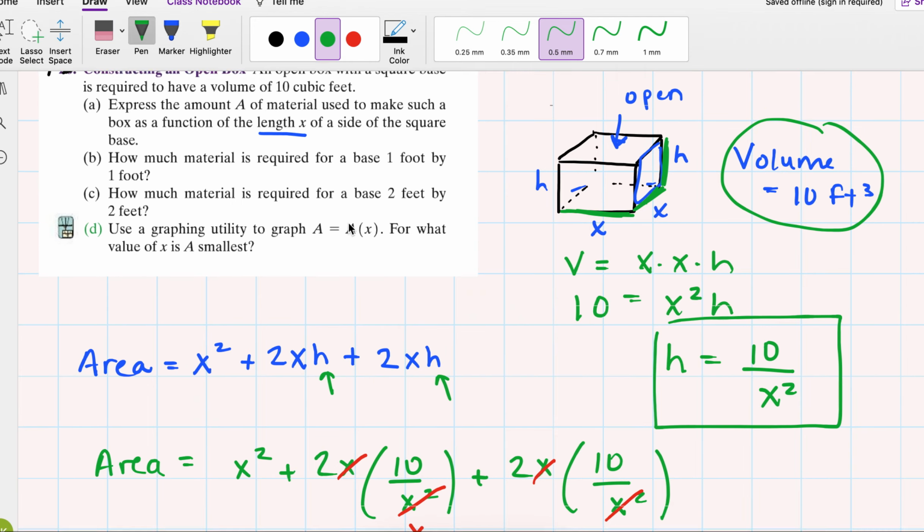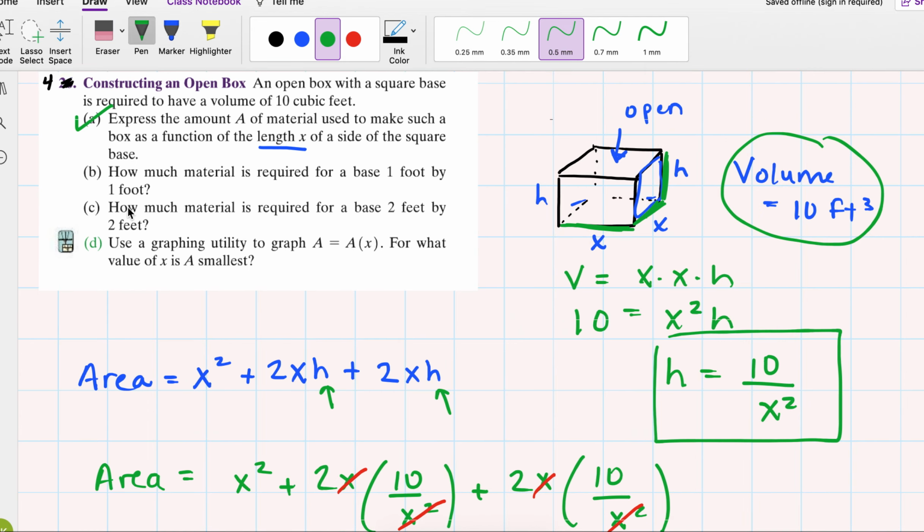Now let's go back to, since we've done part A, let's look at part B. How much material is required for a base that's 1 foot by 1 foot? This is telling us the length of the sides. The base is a square base, and x is going to be equal to 1.